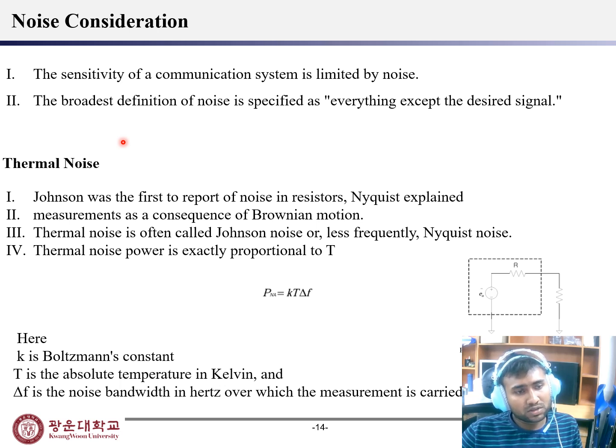The thermal noise is often called Johnson noise or, less frequently, Nyquist noise, and the thermal noise power is exactly proportional to the absolute temperature. Hence, from this equation, k is the Boltzmann constant, T is the absolute temperature in Kelvin, and delta f is the noise bandwidth in Hertz over which the measurement is carried out.